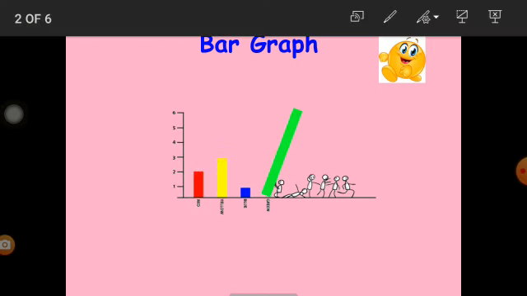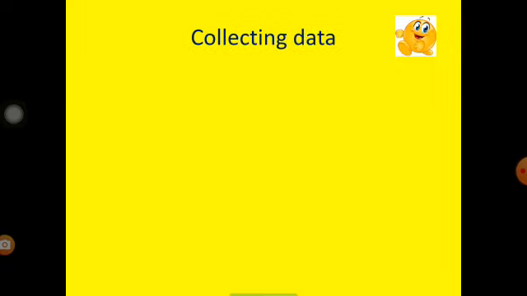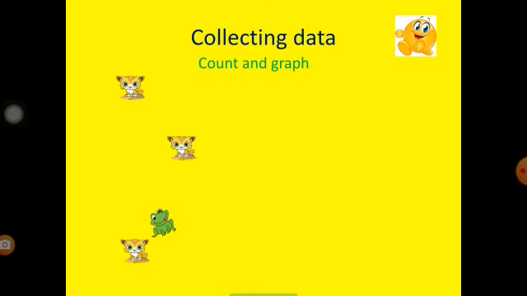Now we are going to revise what we studied last year about collecting data. So now I have some animals, as we see in this picture.